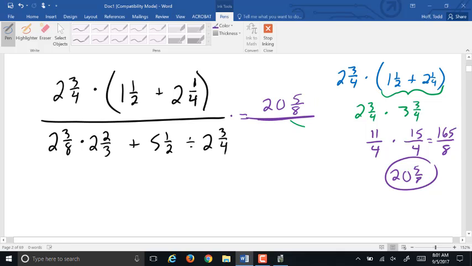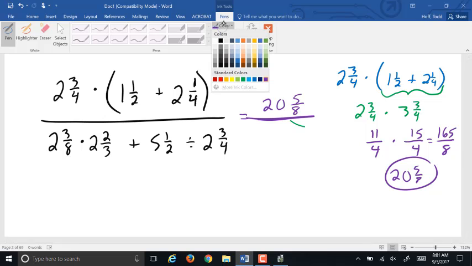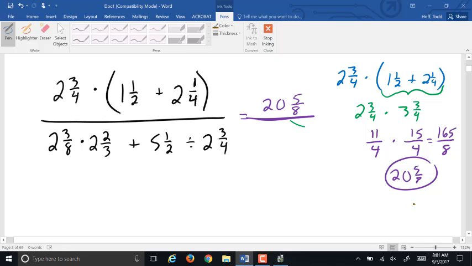Any questions there? Remember, it's the 165 divided by 8. That's 20. There's none left over. Bring down the 5. Doesn't go in there. There's a remainder of 5, so that's where the 5/8 is. Okay, so 20 5/8 on top.